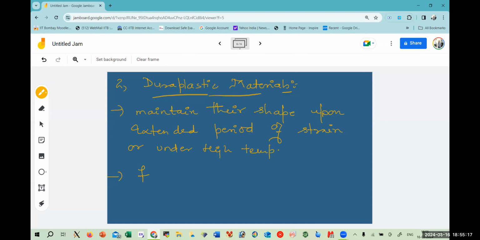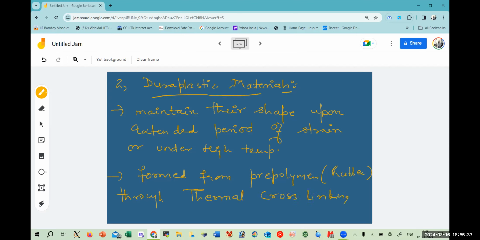They are formed from pre-polymers such as rubber through a thermal cross-linking process. So this process is irreversible.